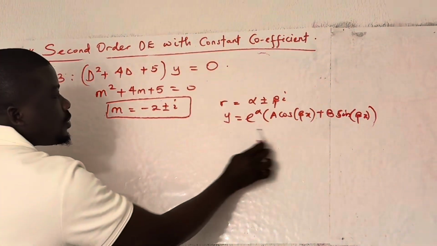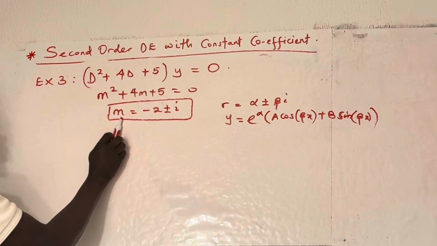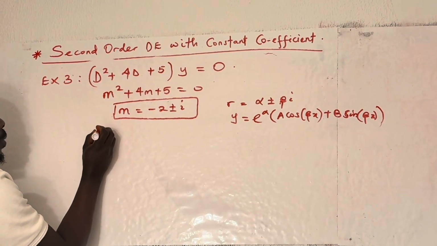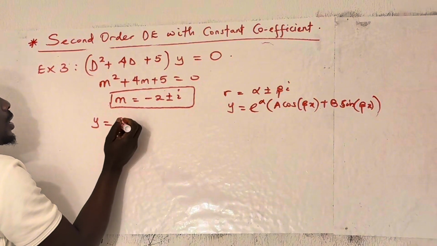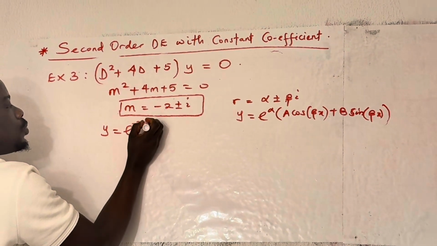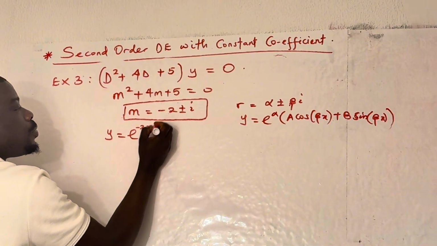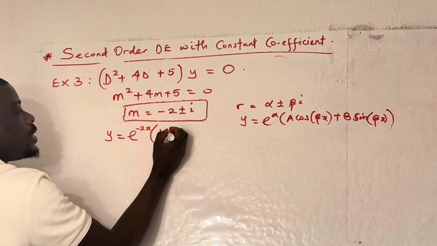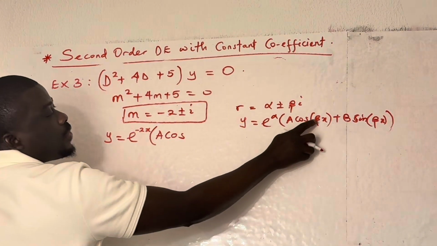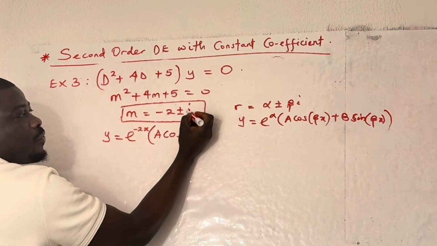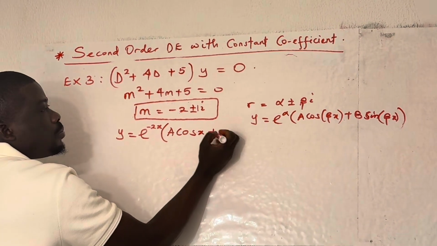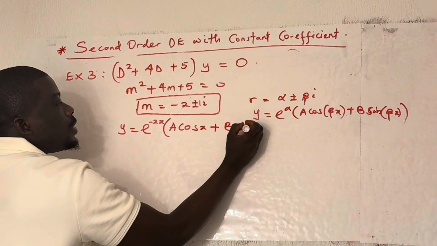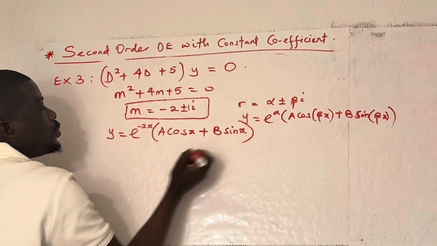So we are going to use the same procedure to get our general solution here, where our y now will be equal to, our alpha stands for what? Minus 2. So e raised to power minus 2x, open a bracket, a constant A, cos. Now instead of writing beta x, the coefficient of i here is 1. So we have just cos x plus our B sine x. So this is our final answer.